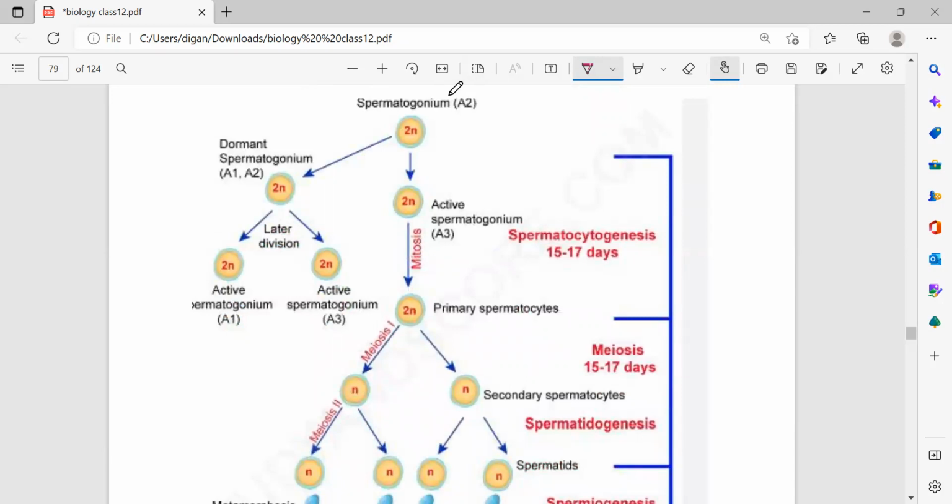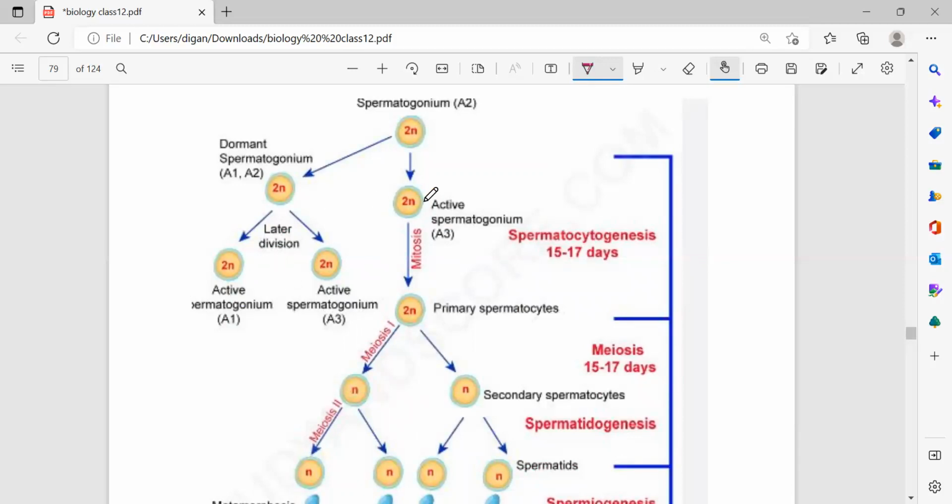So this is the sperm. First the chromosome number is twice, and then it divides, and some become dormant spermatogonium and some become active spermatogonium. The dormant spermatogonium later undergoes division, and finally they again form some active spermatogonium.